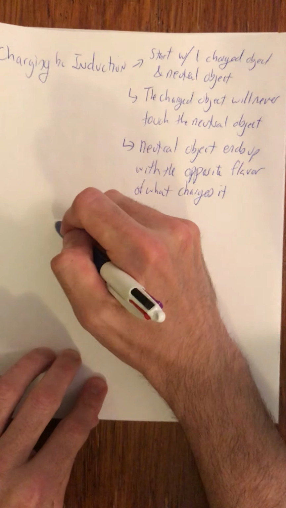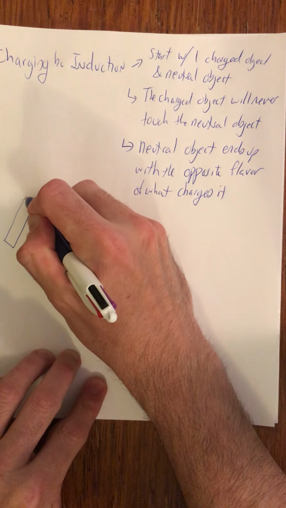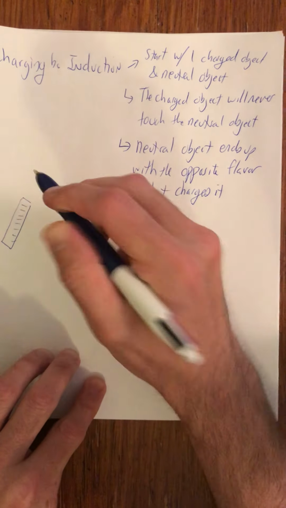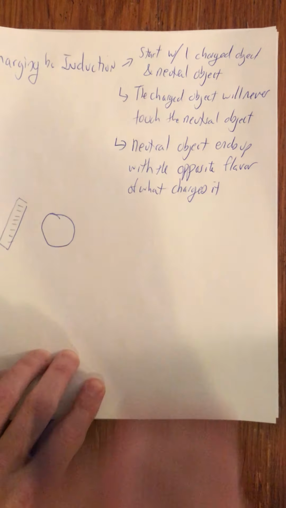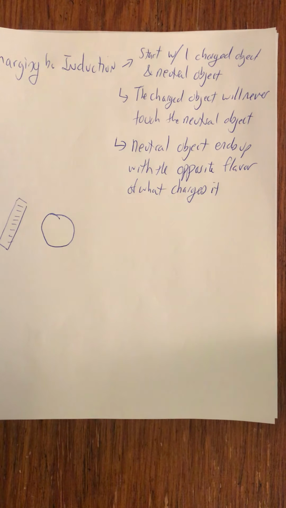So that's the basics, but now let's go through the specifics of how that happens. Let's say I have a negatively charged object and my neutral sphere. Technically that neutral sphere will polarize in the presence of this negatively charged object, but it is not relevant that polarization is happening.